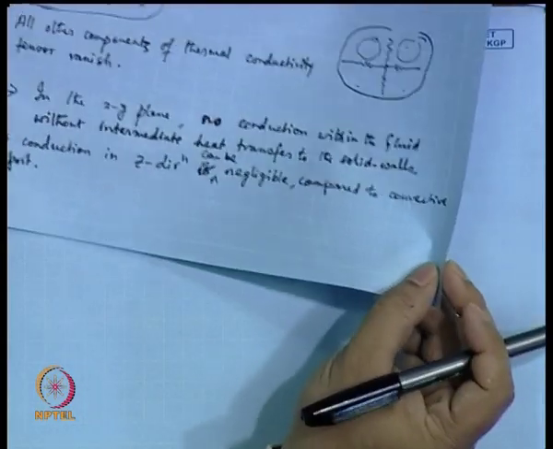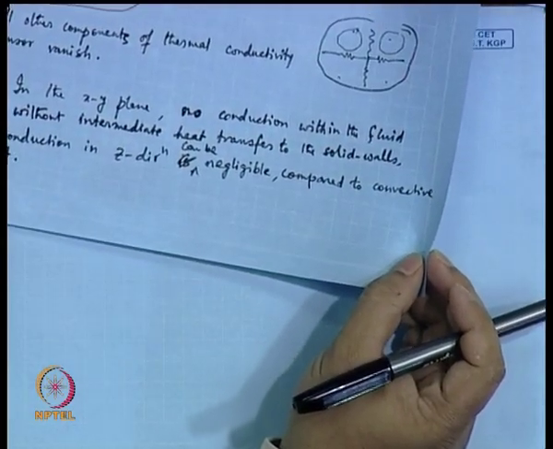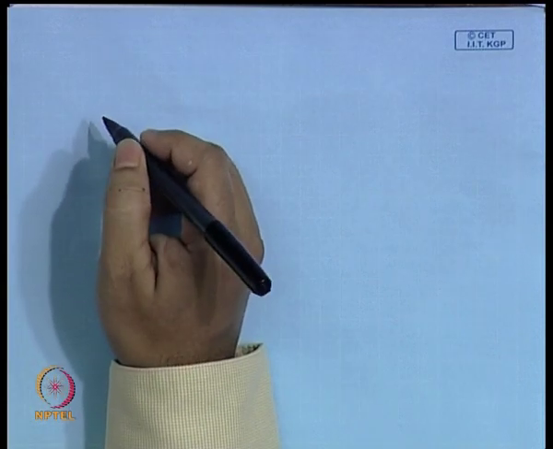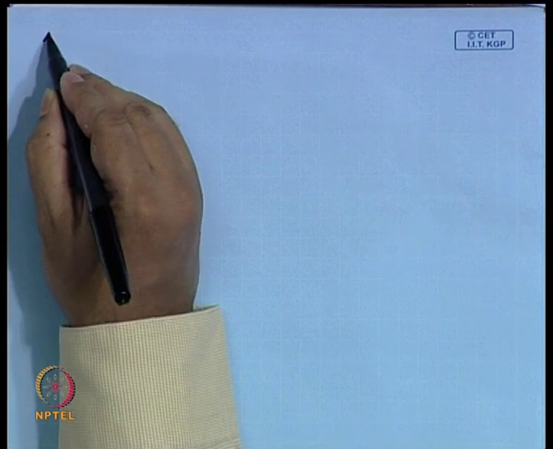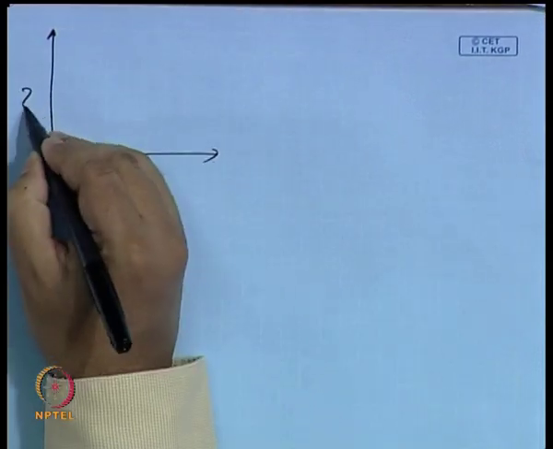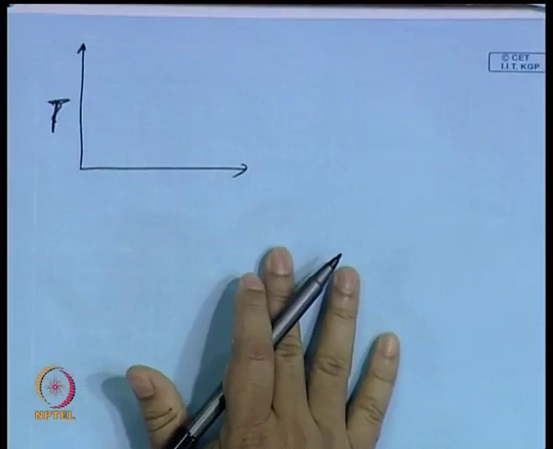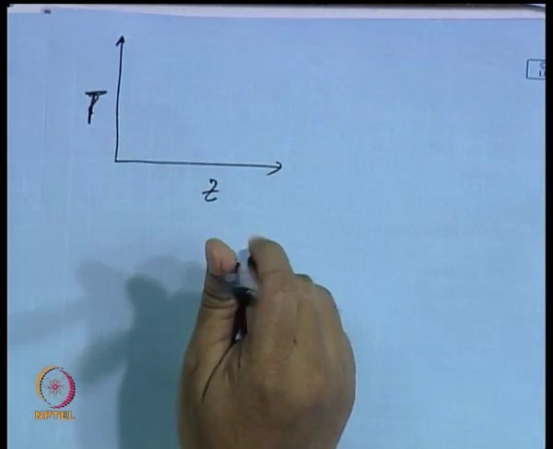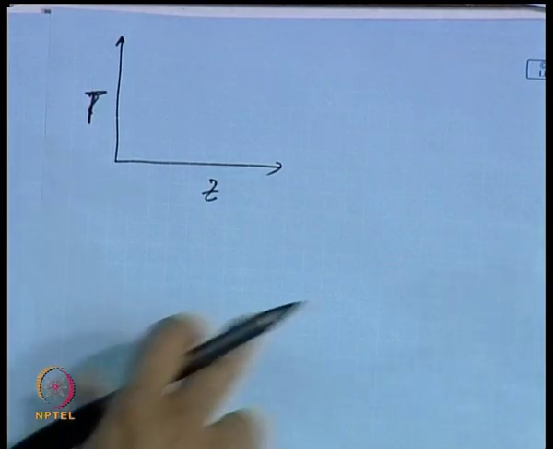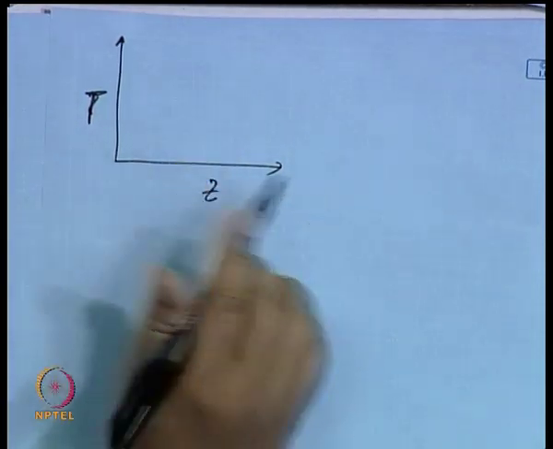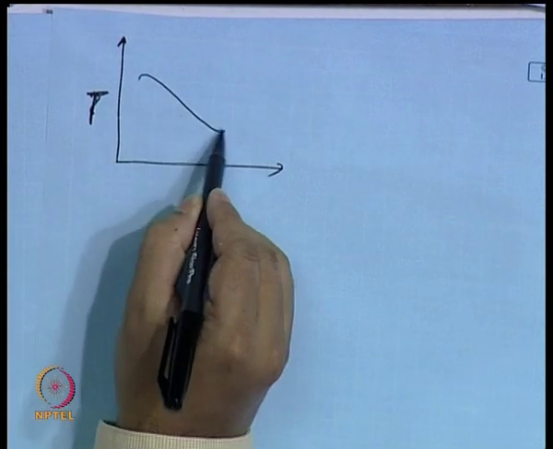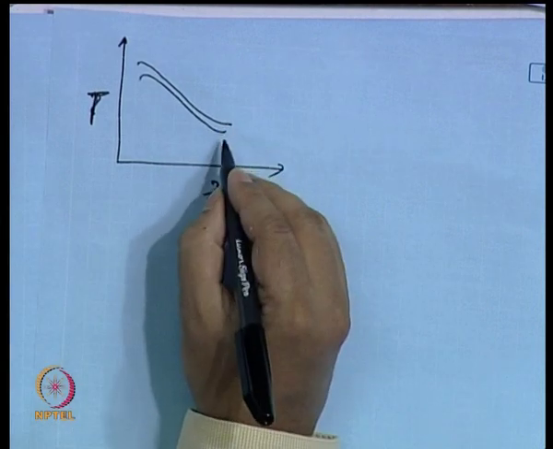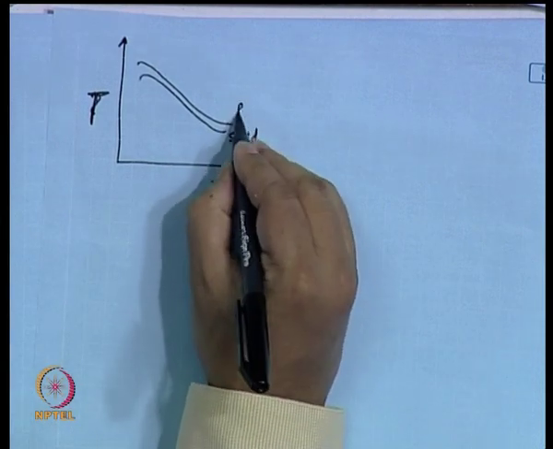Now, I would like to make a quick comparison here. If you now plot temperature versus z, where z is perpendicular to the paper, that means z is in the direction of flow, you will find that you will have two lines, one meant for the solid and the other meant for the fluid.